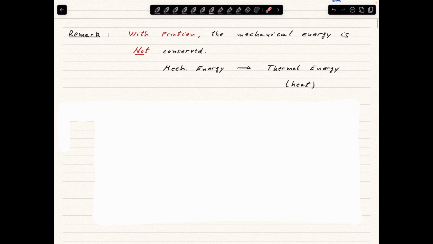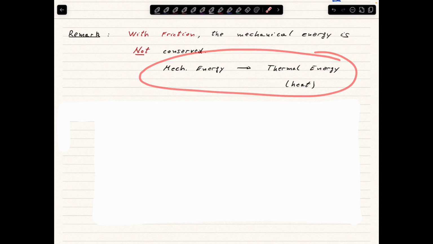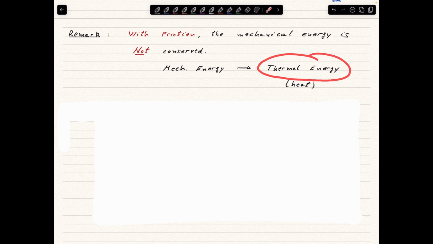So if we don't account for the heat and only look at the mechanical energy, then the mechanical energy is not going to be conserved. What is conserved is both together, but in our class we are not going to describe the thermal energy, so all we can say is that the mechanical energy goes down.